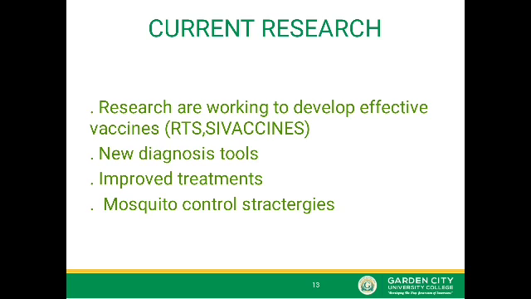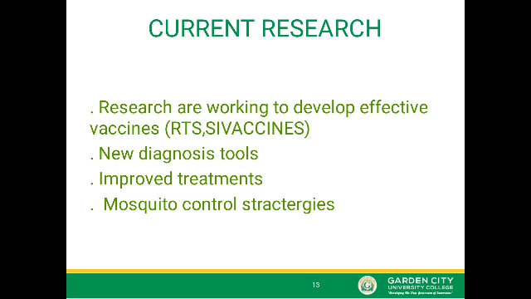Current research: researchers are working to develop effective vaccines, which are the RTS,S vaccines, and new diagnostic tools, including our RDTs, our blood smears, laboratory investigations. There is also research going on to improve our treatment, the way we treat malaria.